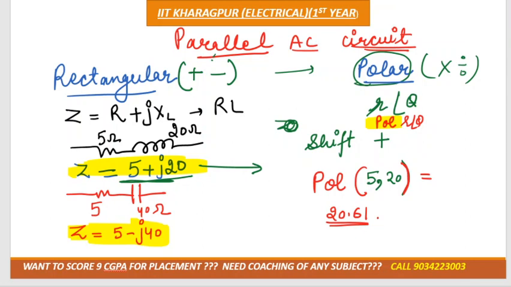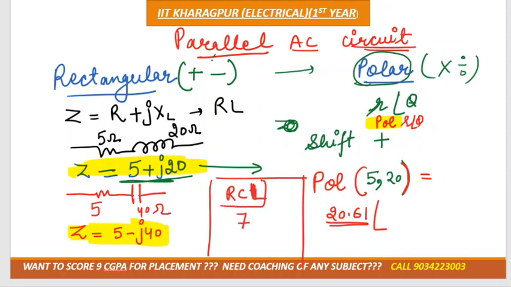For the angle, press RCL. As you can see, there is RCL above the 7 button. Press this RCL and then tan.